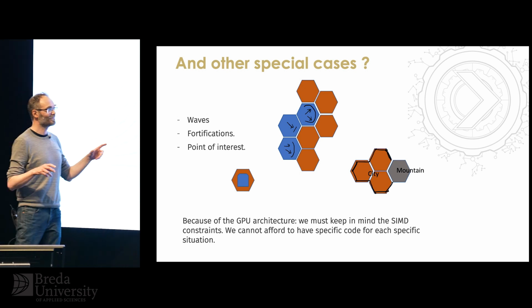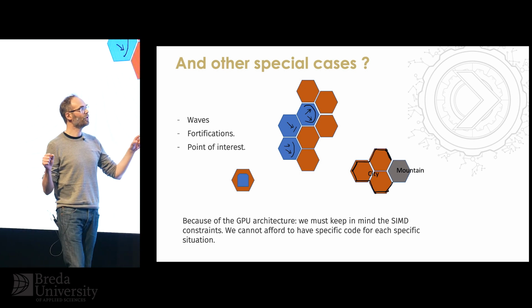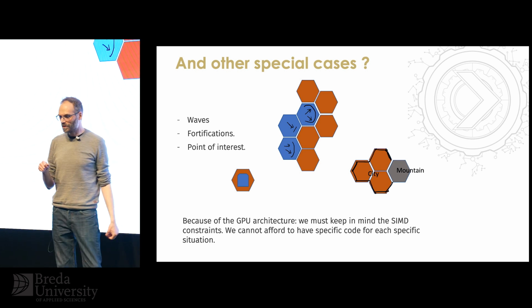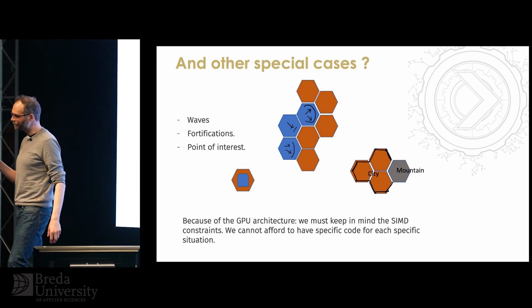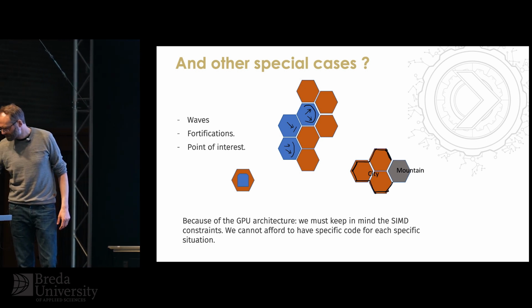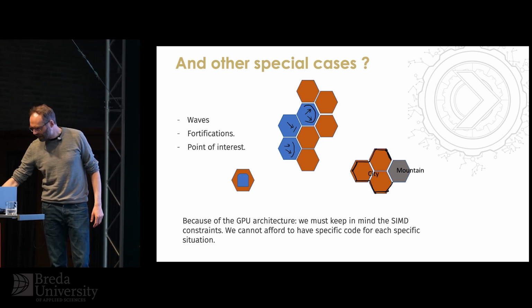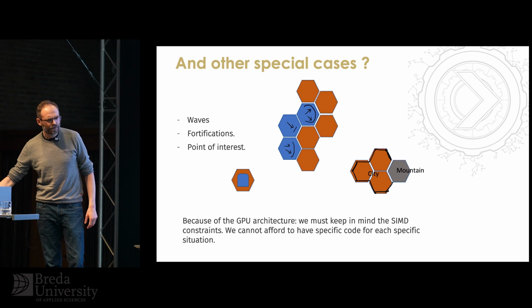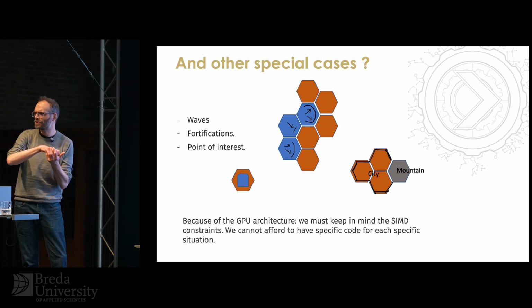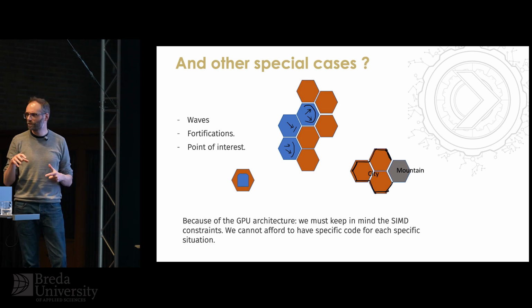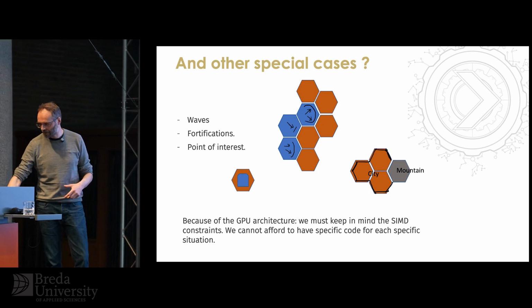So the system has to know if it needs to produce a fortification or not based on the environment. What is that? I don't know. Yes, it's a specific case where, with a specific object on a hexagon, you may change the way the hexagon should be rendered.